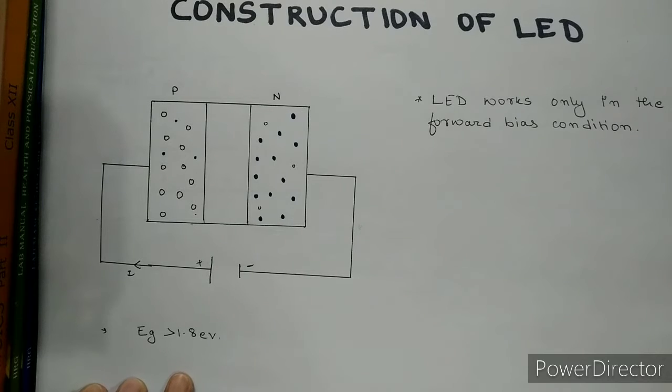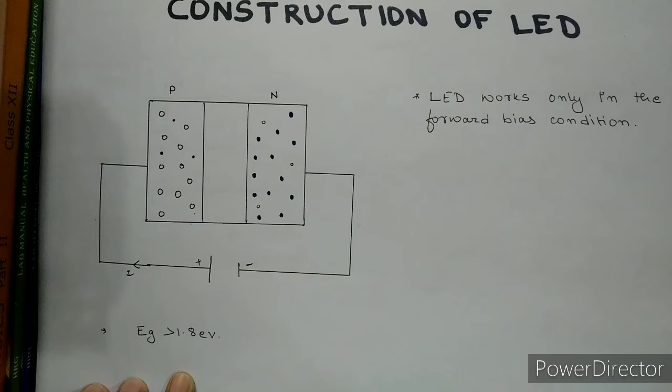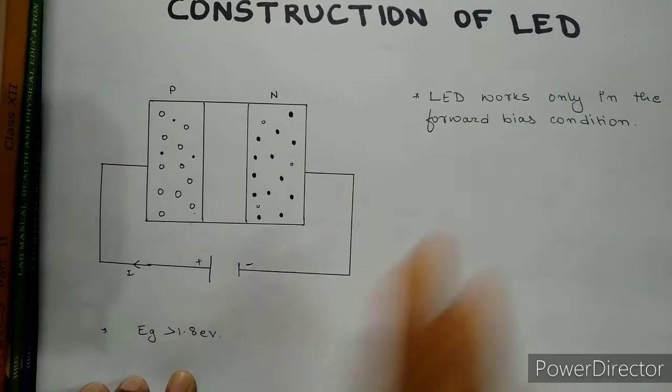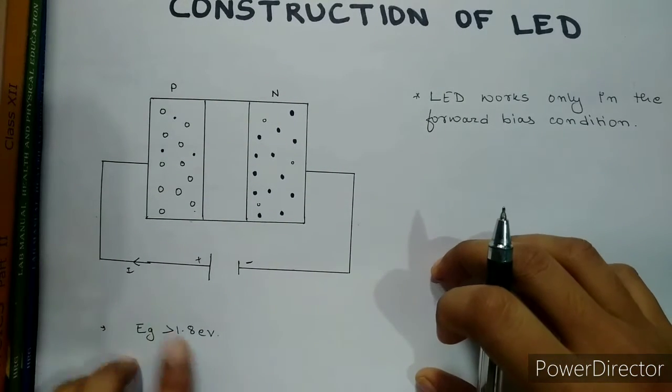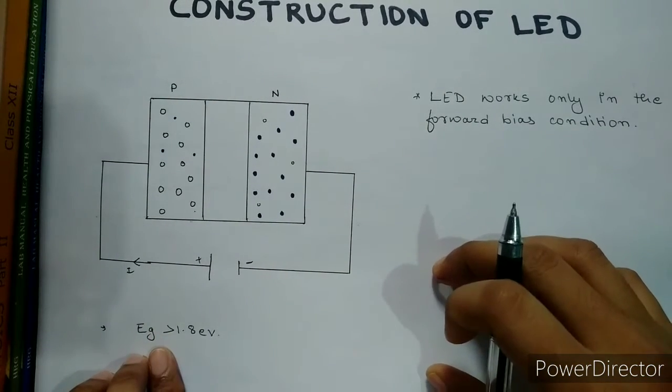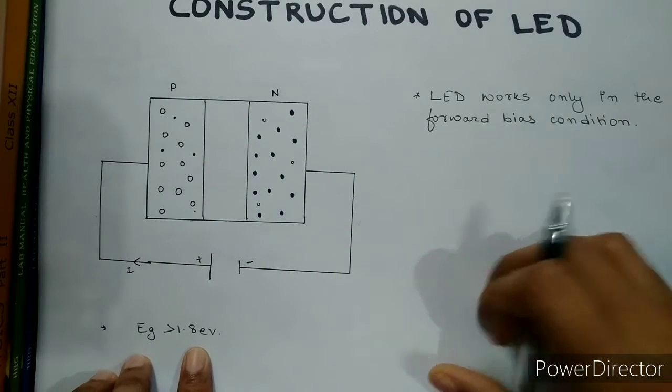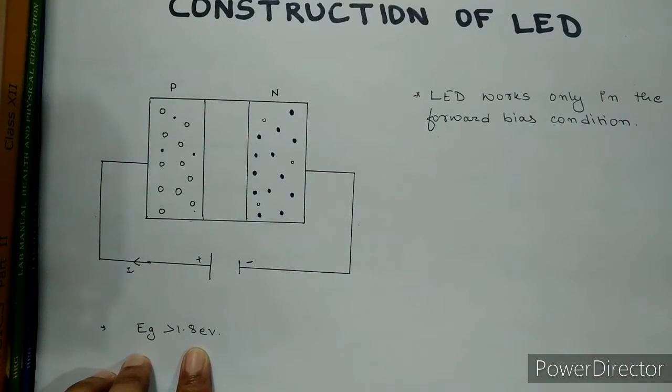We are familiar with it. So for the construction of an LED, only a semiconductor or PN junction which has an energy gap larger than 1.8 electron volts can be used.